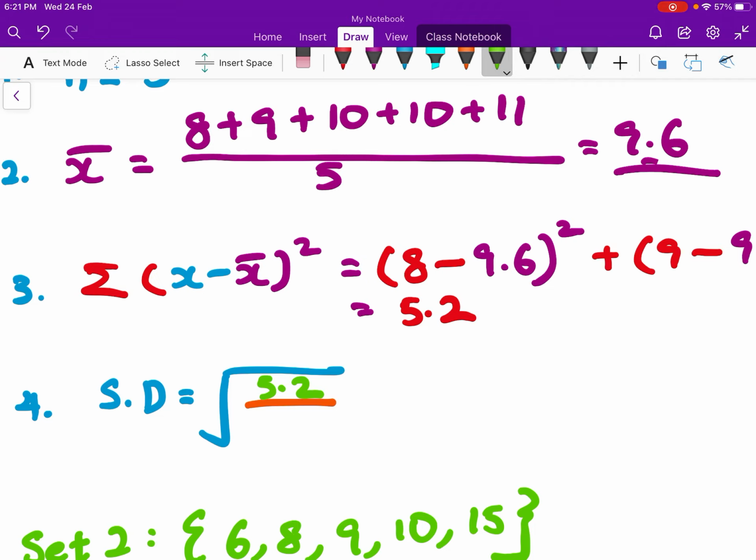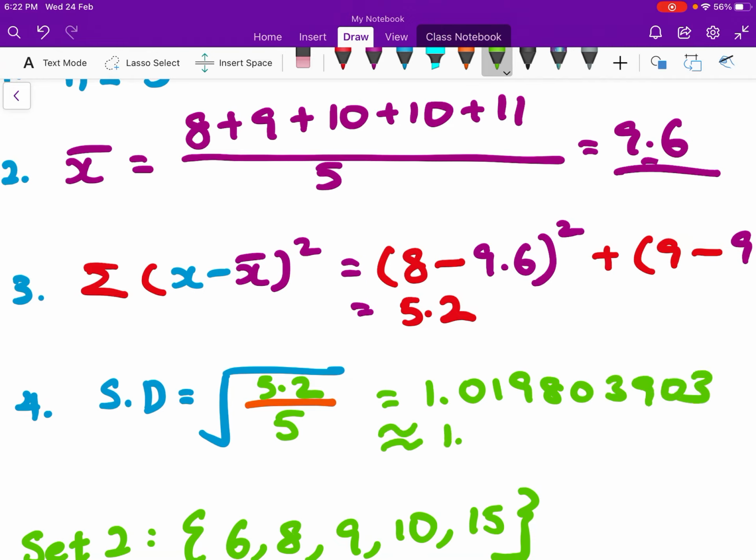My denominator is the n, which is just 5. Then square root. I should get a value of 1.019803903, and to 3SF it is 1.02. So this is my standard deviation for my first data set.